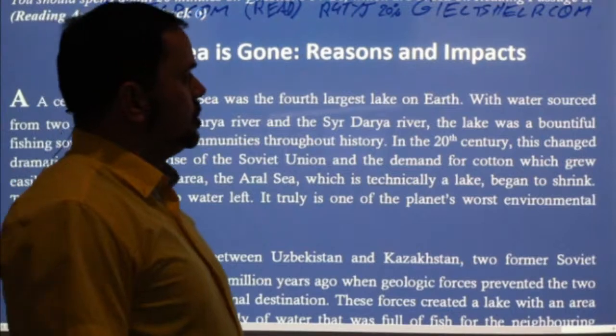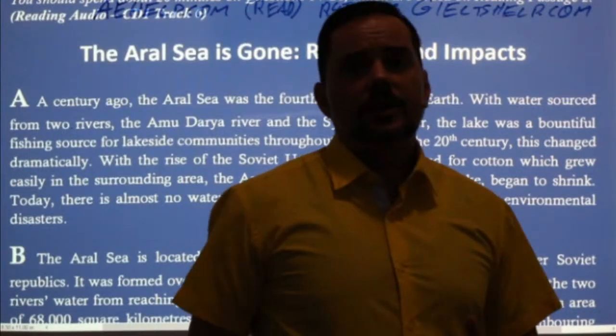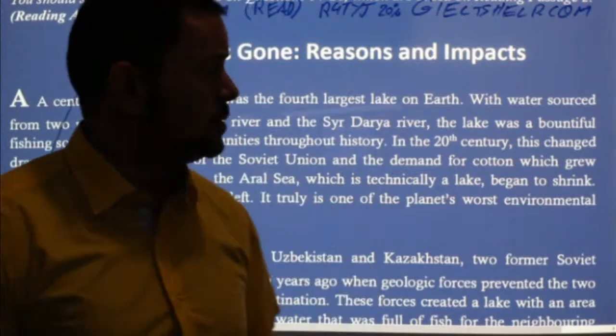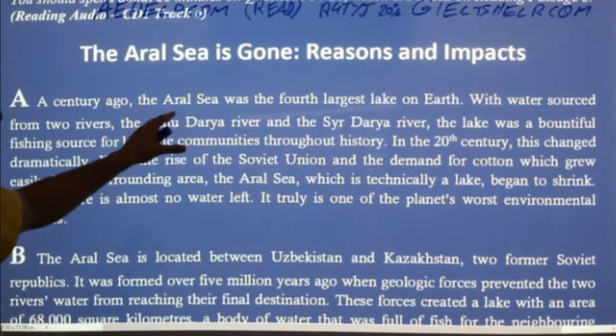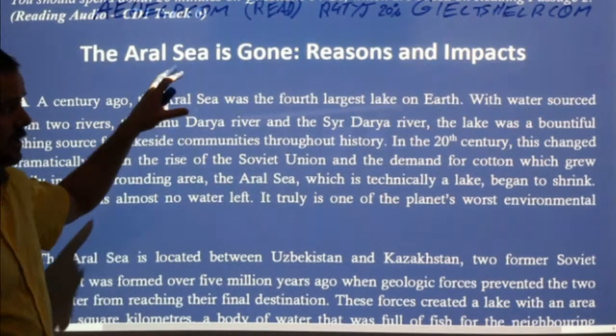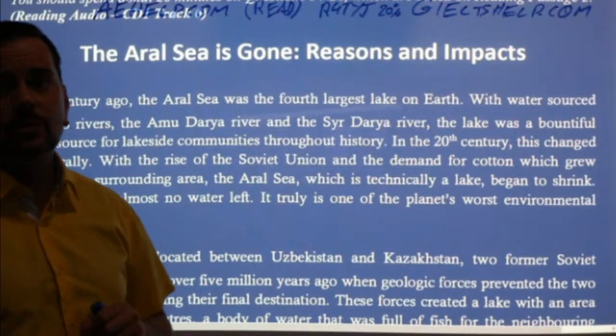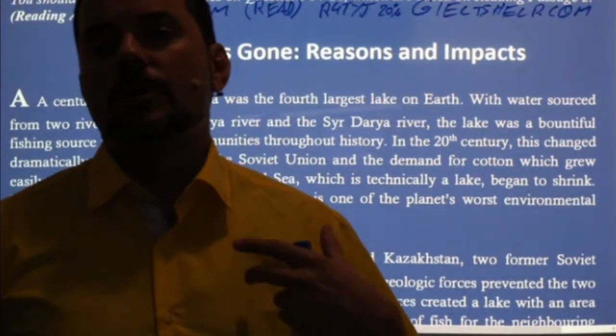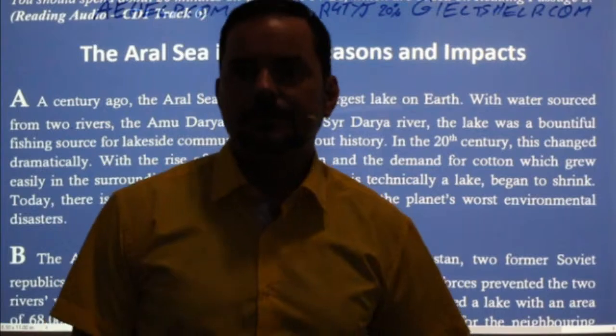Great. So what we want to do now is actively read each of these paragraphs. We're going to read the passage together, and then we're going to answer the questions after.